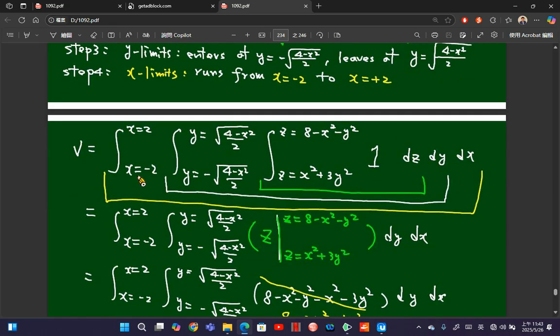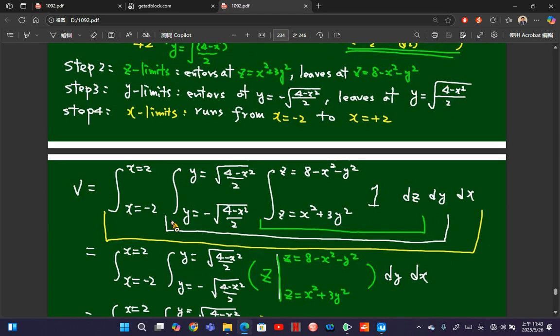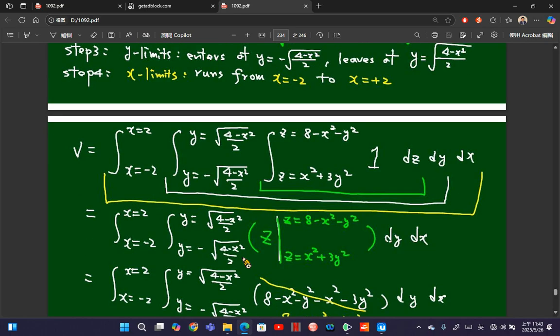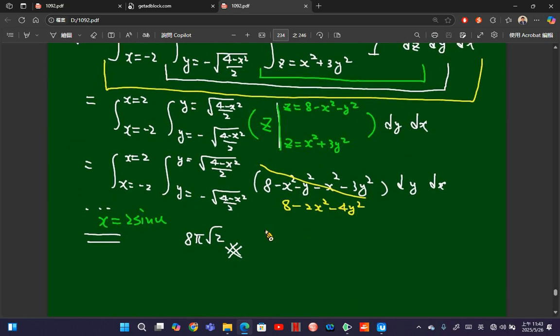And finally, for this ellipse from the x angle, you can get negative 2 to positive 2. So finally this one.